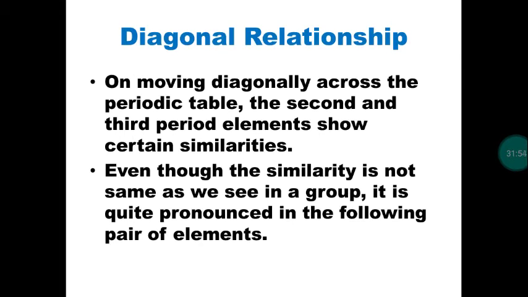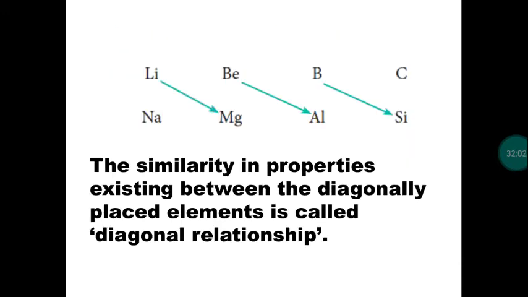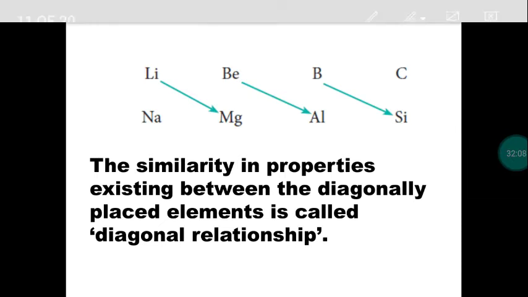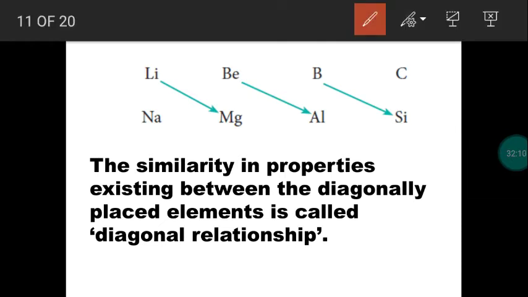Next, this is a public 3-mark question. What is diagonal relationship? Consider second period element, lithium, beryllium, boron, carbon, right? Third period element, sodium, magnesium, aluminum, silicon.